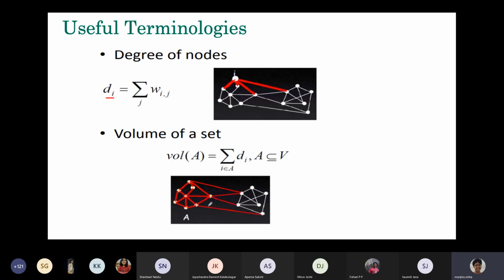Yes, all the edges which are connected to the vertices belonging to the particular set. All the yellow colored vertices are from the set A, so we are considering all the edges from these vertices. Okay, it's clear.